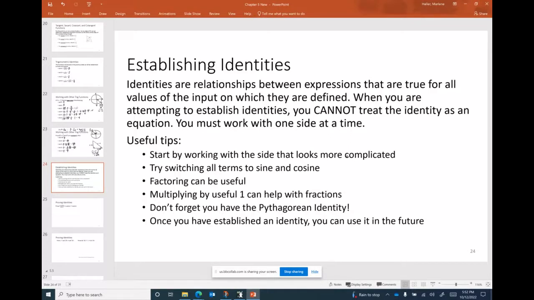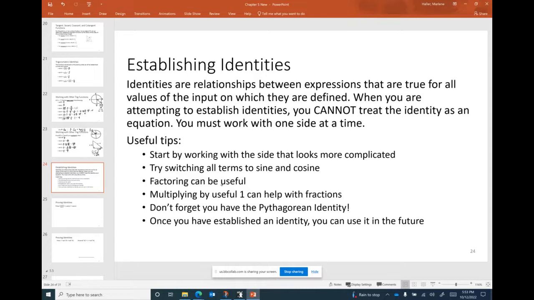And one technique that often works is to rewrite all the terms on that side so that they are expressions of the sine and the cosine. We use the fundamental identities to rewrite non-sine and cosine trig functions as sine and cosine expressions, all right?